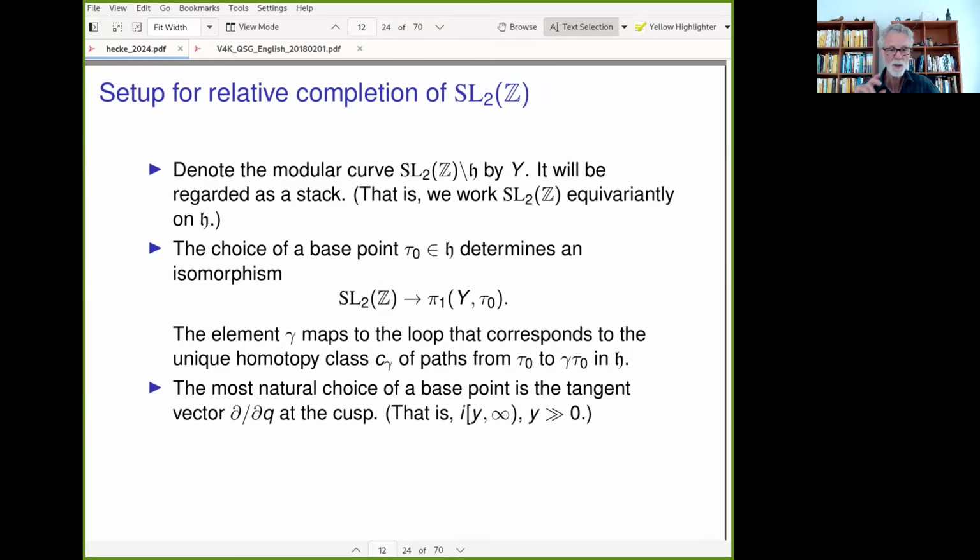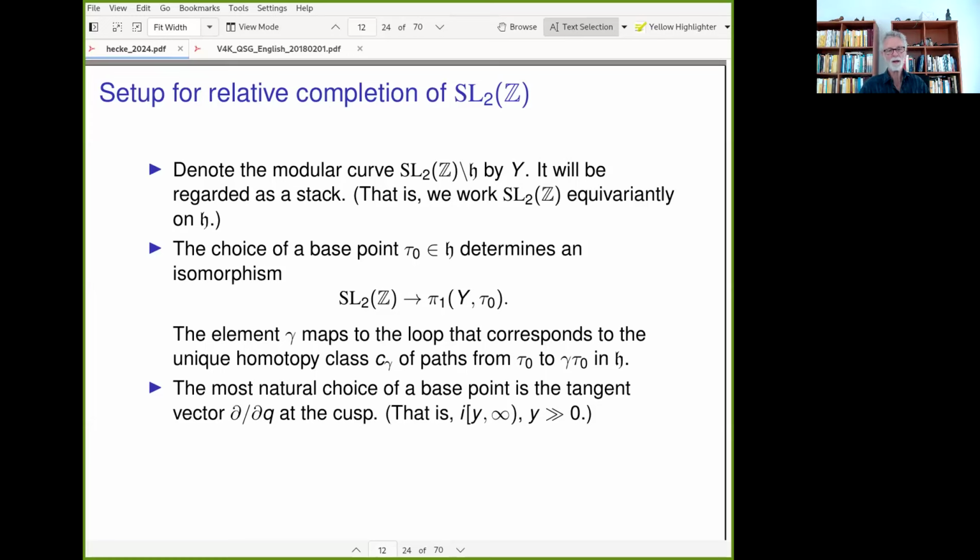And so it turns out, just as in the case of P1 minus 0 and infinity, the most natural choice of a base point is actually a tangential base point at the cusp. The coordinate disk around the cusp of the modular curve is the q disk, and you can take the tangent vector d/dq.